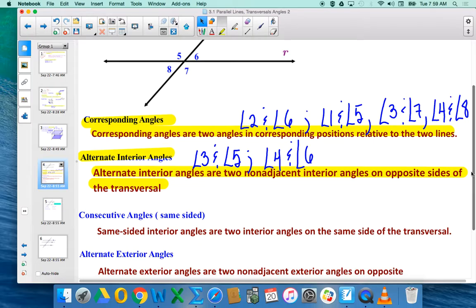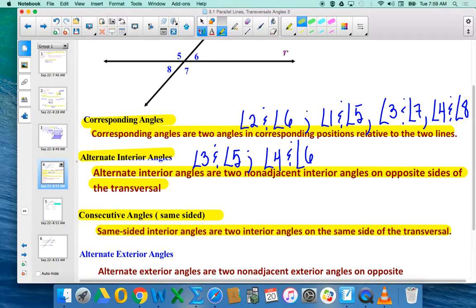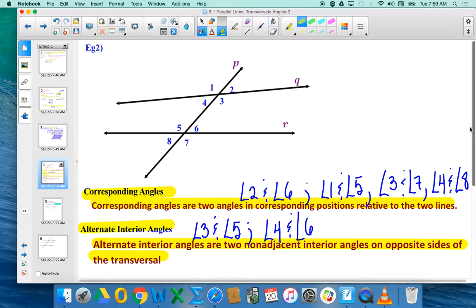Next we have consecutive angles or same-sided. Sometimes they're called consecutive angles, sometimes they're called same-sided interior. They are on the same side of the transversal, on the interior of the lines.